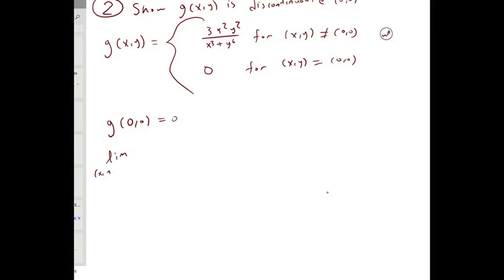And the limit as xy approaches 0, 0 of g of xy equals the limit as xy approaches 0, 0 of 3x squared y squared over x to the third plus y to the sixth.